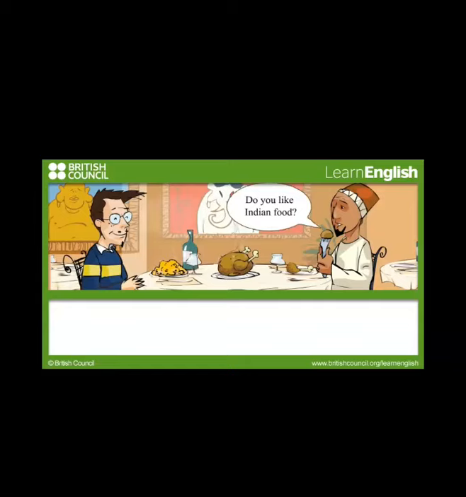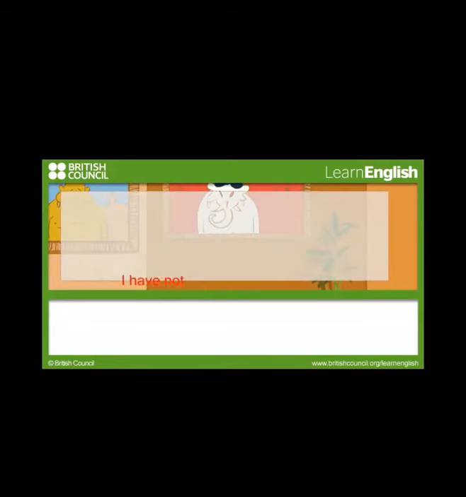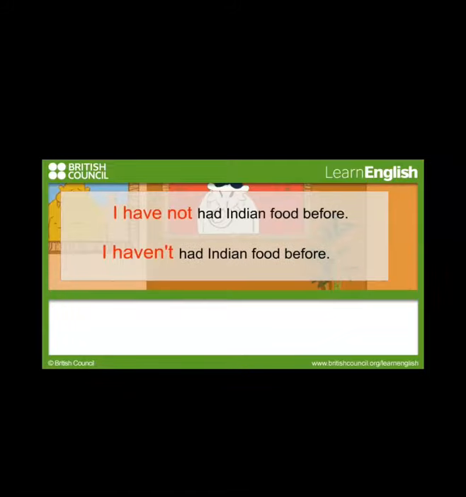Do you like Indian food? I don't know. I haven't had it before. So, here, ahora vamos a ver una negación, ¿sí? Si nos damos cuenta, aquí estamos viendo la negación. Okay.